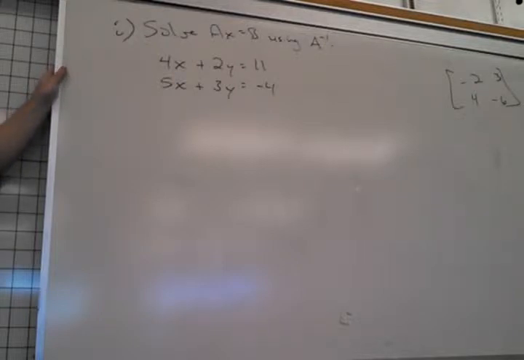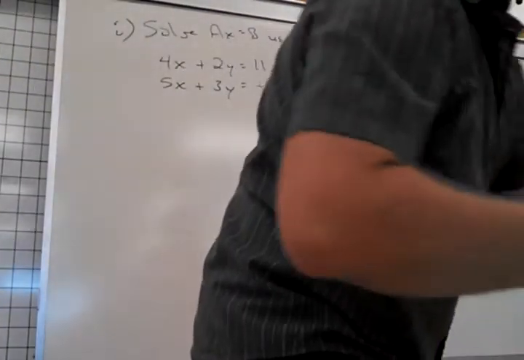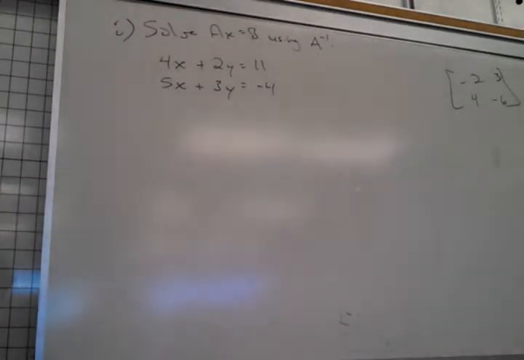So a good first step would be to write it as AX equals B. It's not currently really in that form. This is your answer, right? Yep. So B is 11, negative 4.